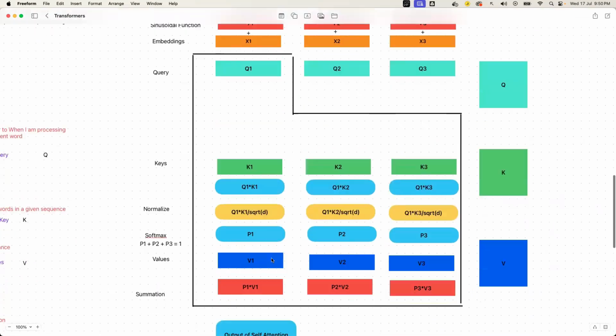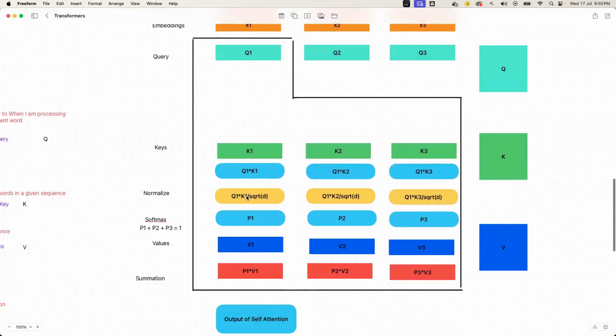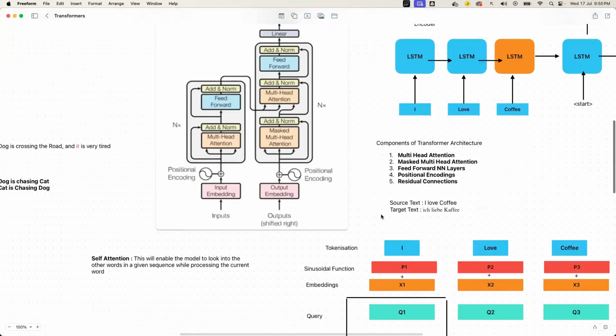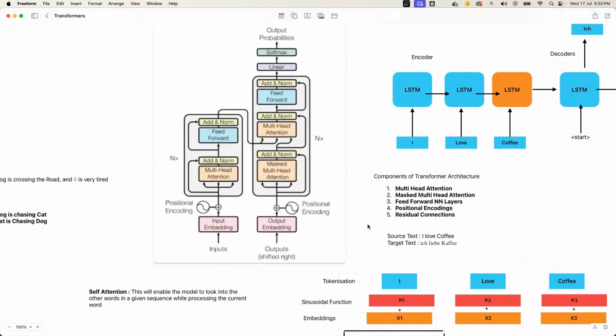Then we'll multiply Q into K, normalize it by dividing by square root of D. Then apply the softmax, multiply that softmax with the V values, then add them together. That would be the output of the self-attention. We'll have multiple such self-attentions, so we'll call it multi-head attention. That's the core idea about this transformer architecture, which has both the encoder and the decoder component.